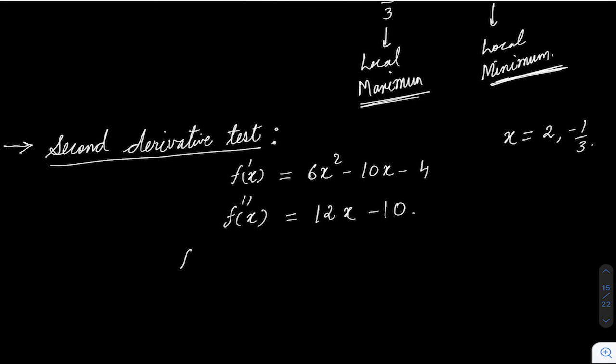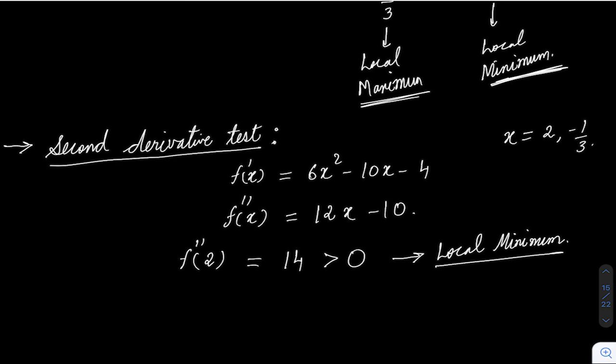And now we will find the f double dash x values at the stationary points. At 2, I am getting f double dash 2 equal to 24 minus 10, that is 14, which is positive. Whenever f double dash x is positive, it gives us a local minimum.